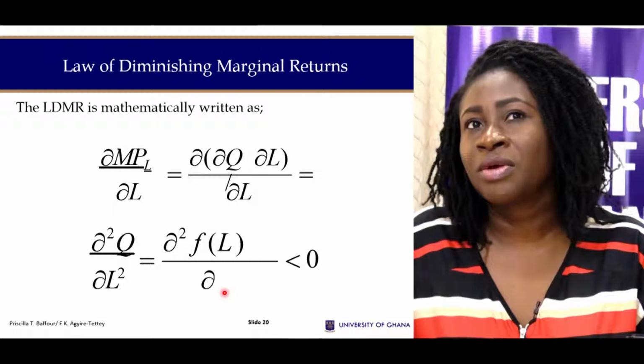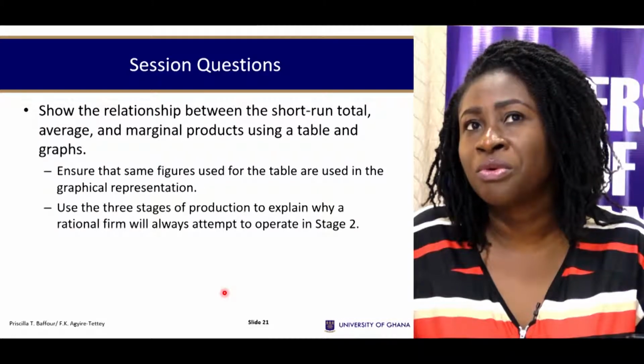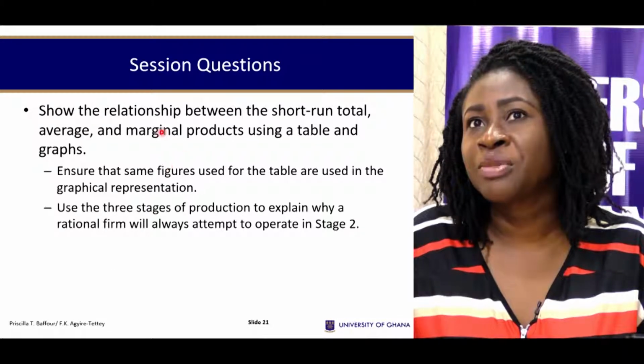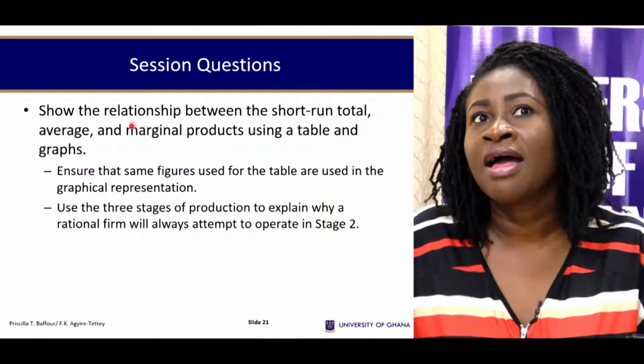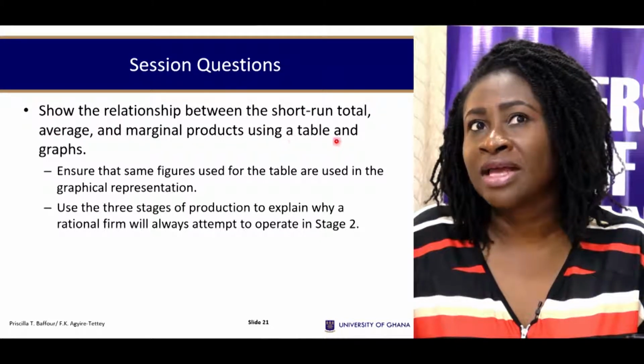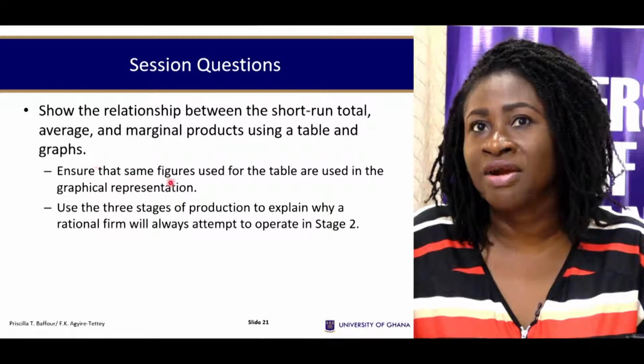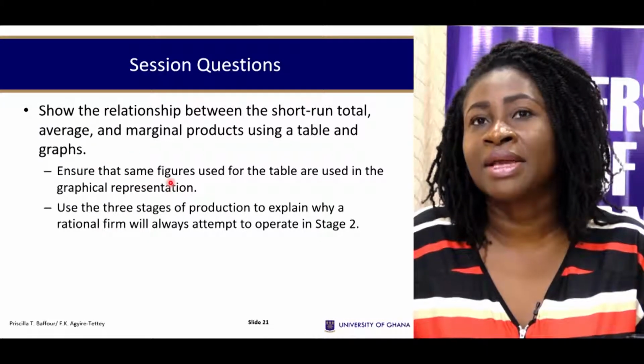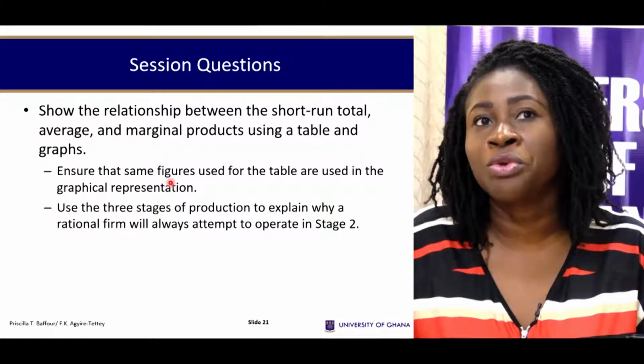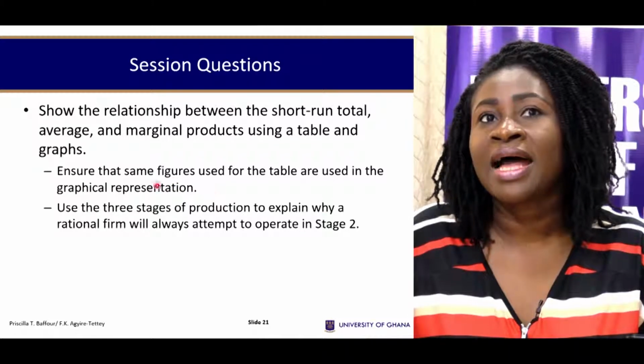I have a few questions for you to go through. So show the relationship between the short run total, average, and marginal product curves using tables and graphs. So I started by using tables to show you. Use a table and plot a graph.